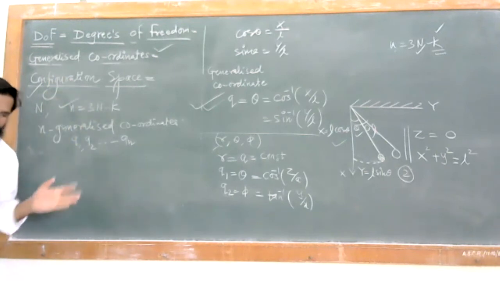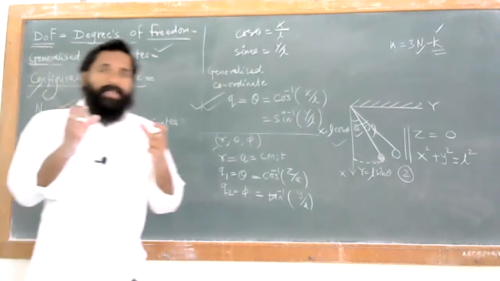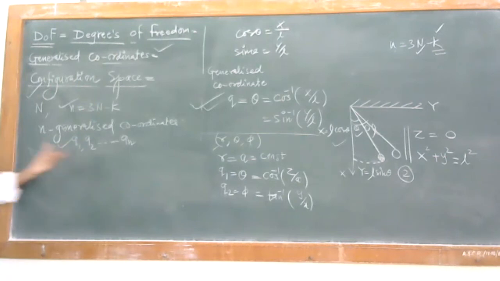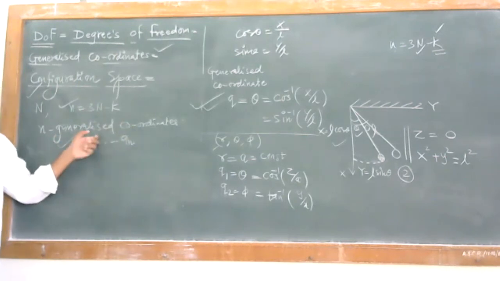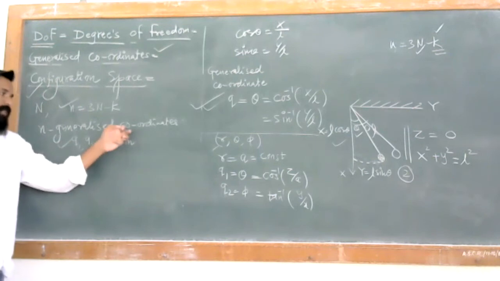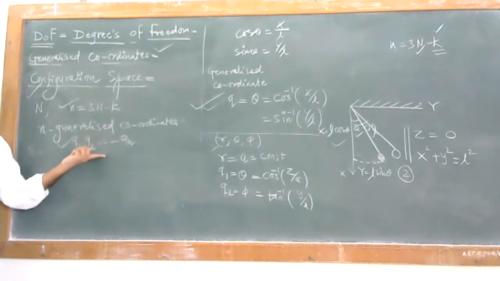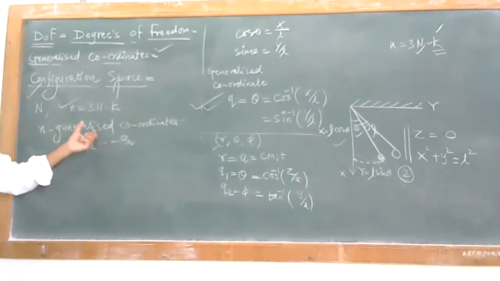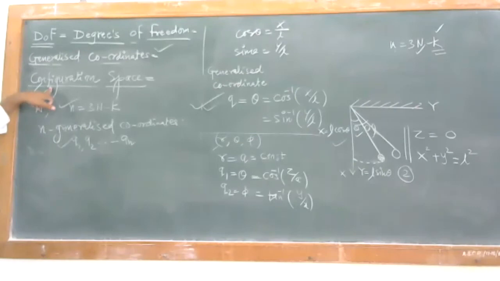So we'll have to define a space, define the conditions in such a way that all these n generalized coordinates can be defined in a place where we can visualize them well. So we have to view these n generalized coordinates in a different way, in a space, and that space is known as a configuration space. So we have this as the third point, configuration space.